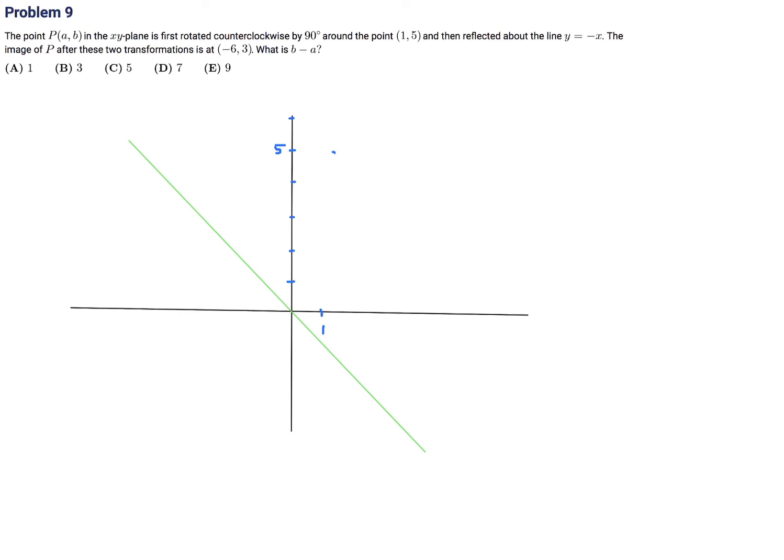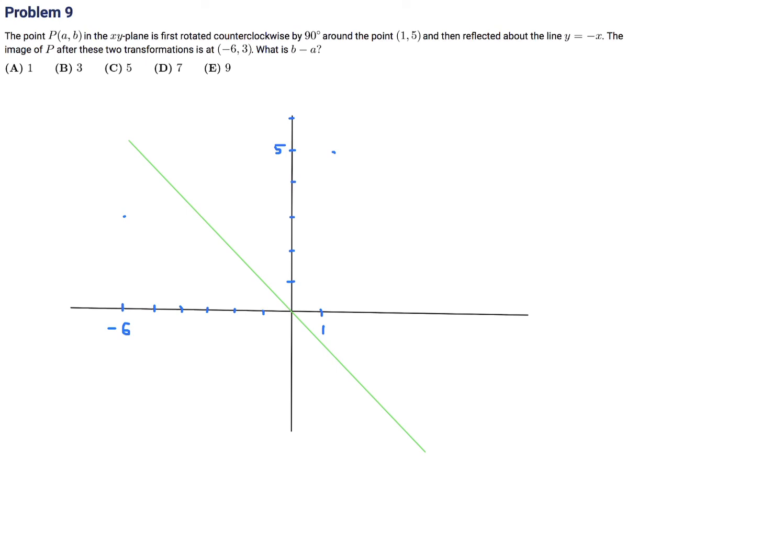And then where are we going next here? The image after these two transformations is (-6, 3). So 1, 2, 3, 4, 5, 6. So approximately here. That resulted there after it was reflected in this y equals negative x. So let's go backwards and figure out where it would be.